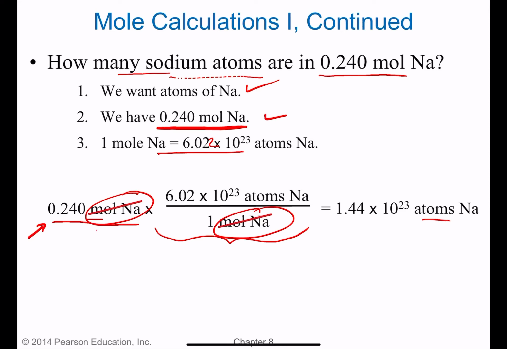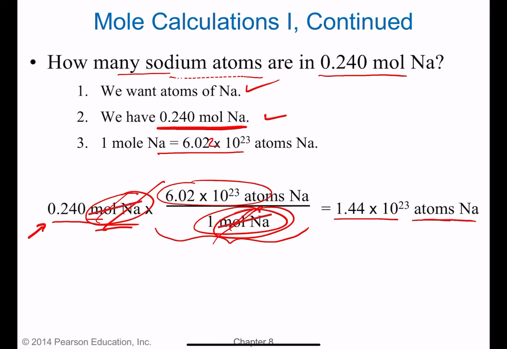So we have moles of sodium here, and then we put moles of sodium in the denominator so that we can show it canceling. And then 1 mole is defined as 6.022 times 10 to the 23rd atoms. So that's why that's on top. So 6.022 times 10 to the 23rd atoms is the same thing as 1 mole of sodium. And then our units cancel, and we're left, in terms of units, with atoms of sodium.